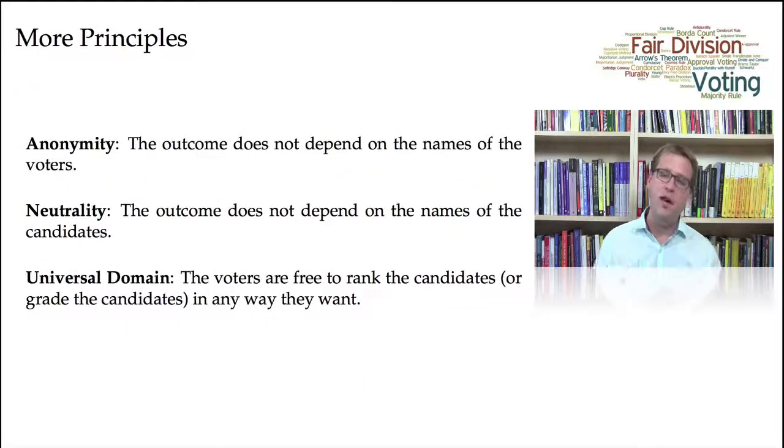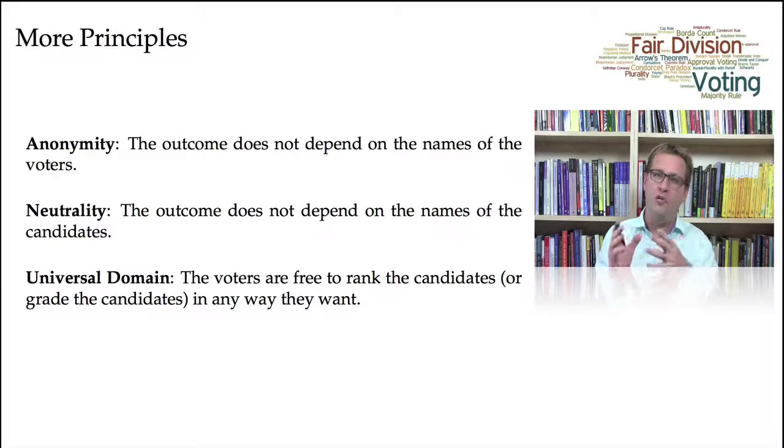In addition, there are three other principles that we haven't talked much about, but they're natural principles to impose. The first is anonymity. You should never privilege any one of the voters, so the outcome shouldn't depend on the names of the voters. A related principle is neutrality, and this says that the outcome should not depend on the names of the candidates.